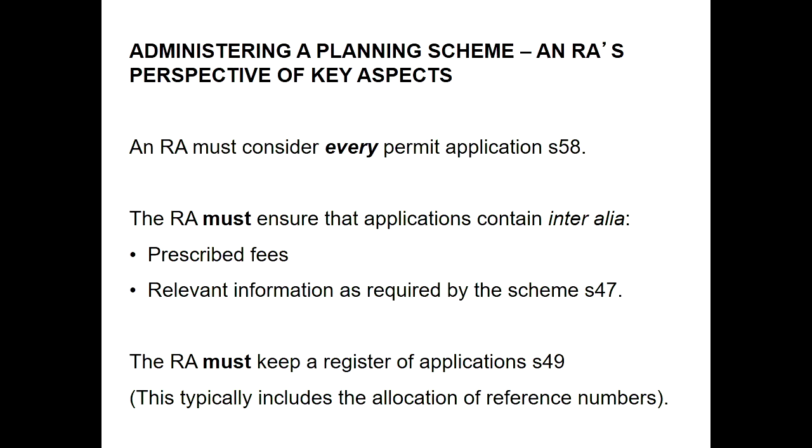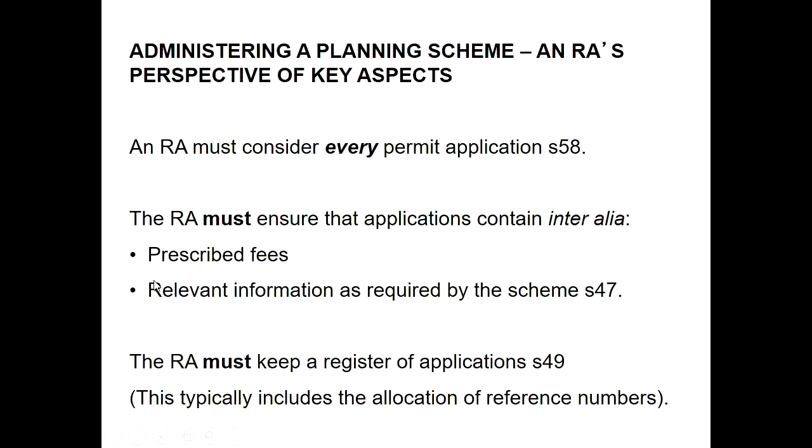So the other thing under section 47 there, if an application comes in, certain key things must be provided, because you can't make a decision, a proper decision, because that's what the Act's trying to get us to do, without relevant information.